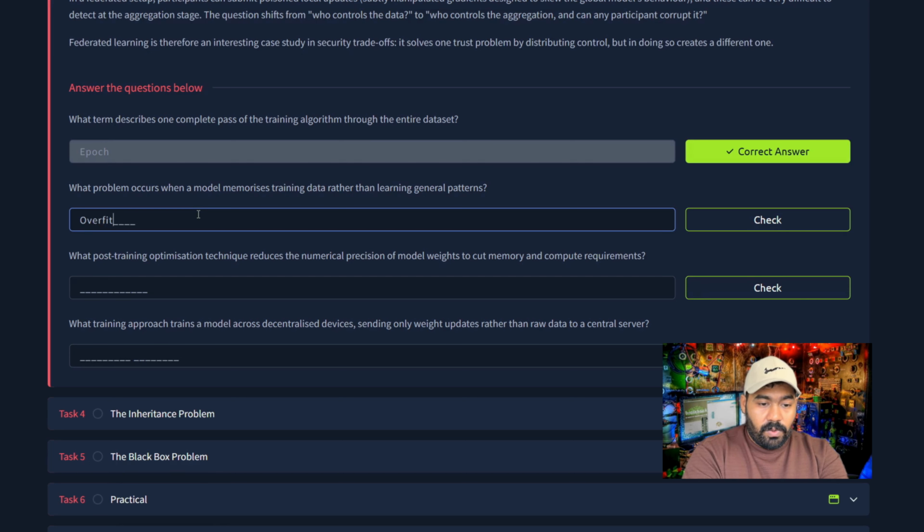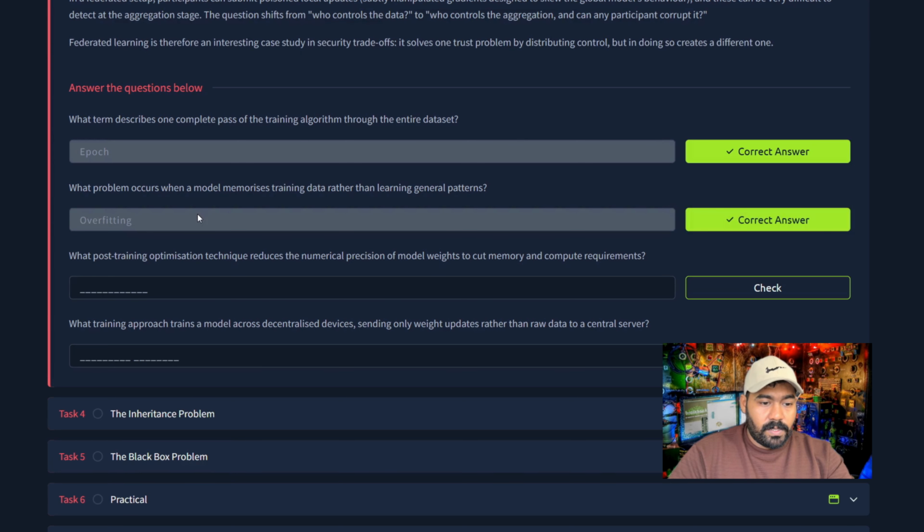Let's enter overfitting. That works. What post-training optimization technique reduces the numerical precision of model weights to cut memory and compute requirements? That is a point that is in the table itself. It reduces the numerical precision. It's quantization.